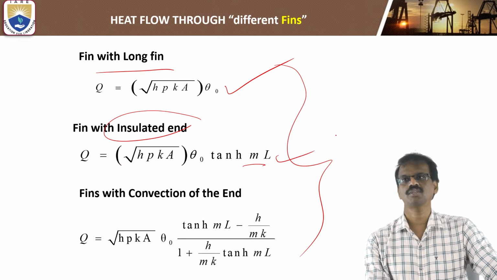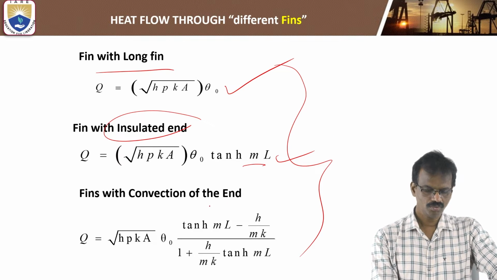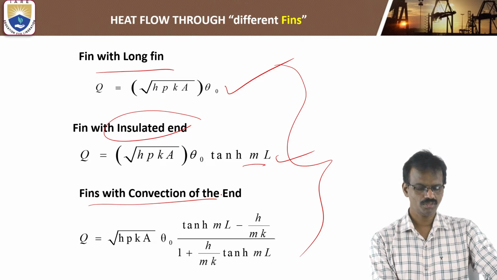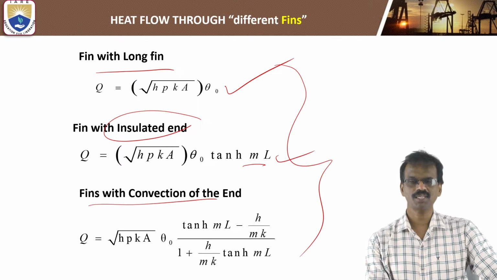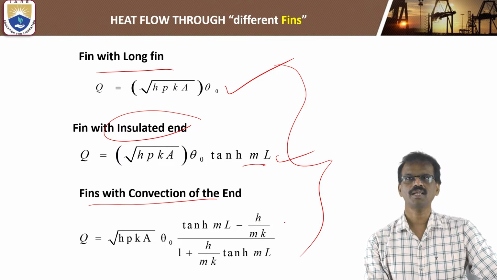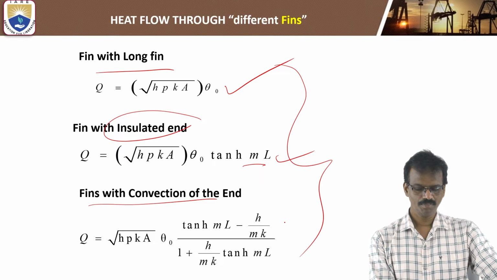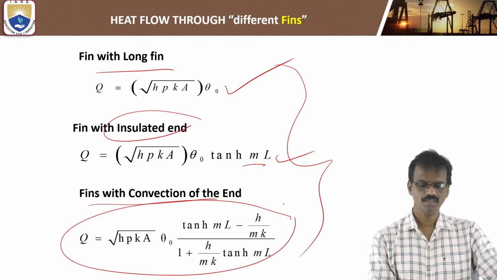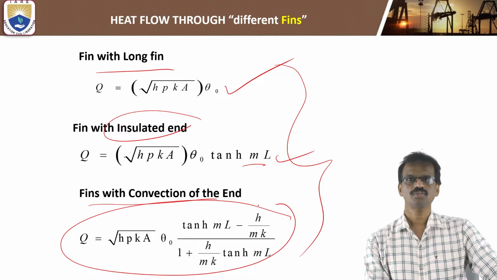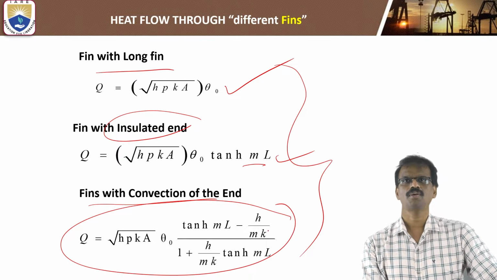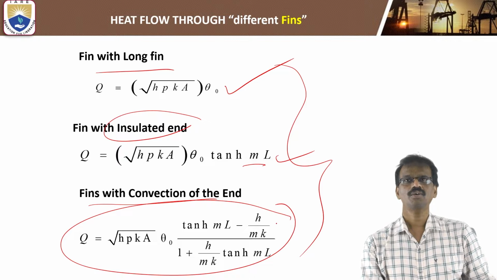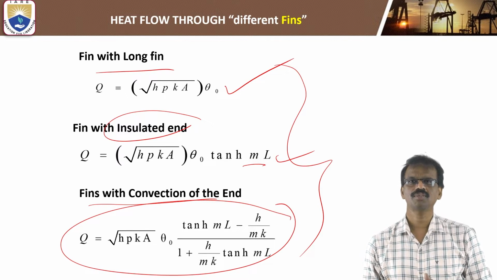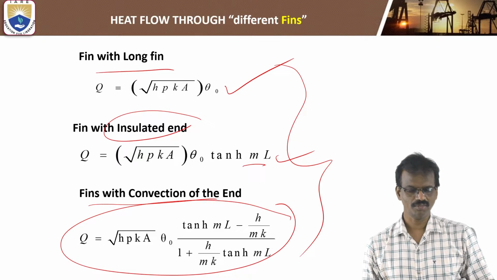We derived this in the previous class. Next, the fin with convection at the end: Q is equal to the square root of hPkA theta naught into tanh ml minus h by mk, divided by 1 plus h by mk into tanh ml. So finally, the rate of heat transfer in the three types of fins, long fin, insulated fin and convection at the end fin, are given here.